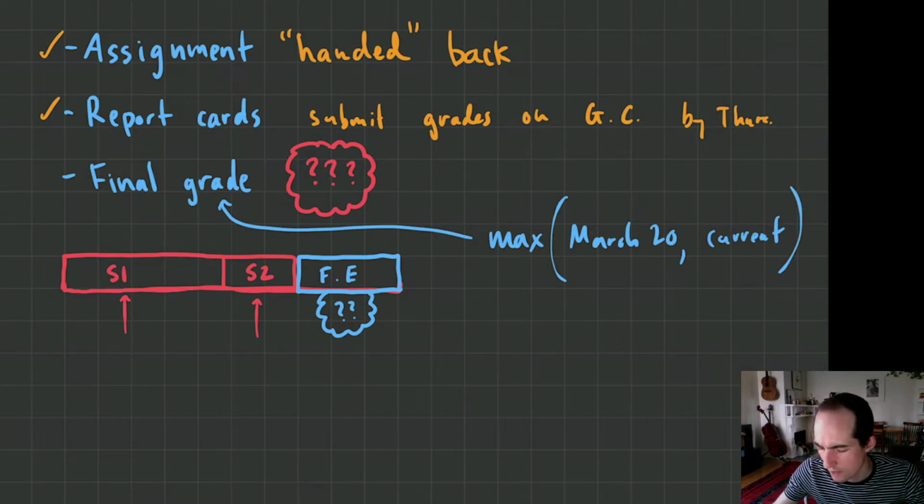Whatever is the largest of these two, that's what your final grade is going to be. So that doesn't mean that we're not going to have a final exam. It just means that if you do worse on the final exam than your grade was on March 20th, then you would just default back to the March 20th grade.